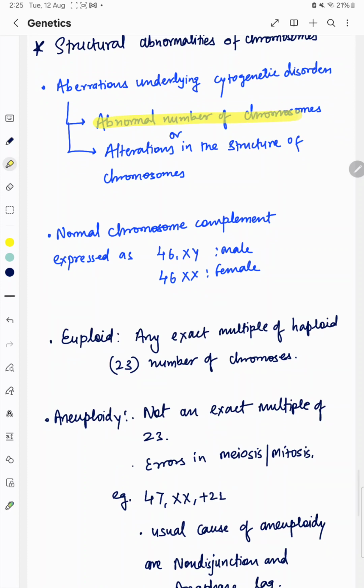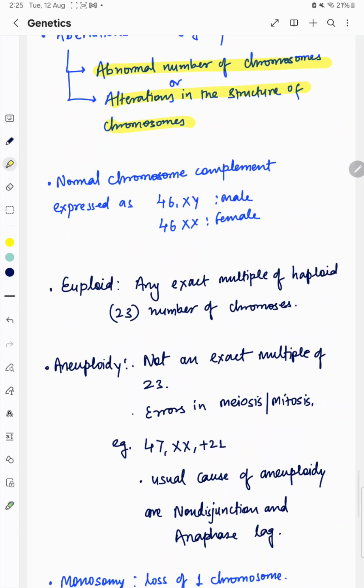So these are the two main reasons for cytogenetic aberration or cytogenetic disorders. An abnormal number of chromosomes can be less or more. The normal chromosome complement is expressed as 46,XY in male and 46,XX in female.